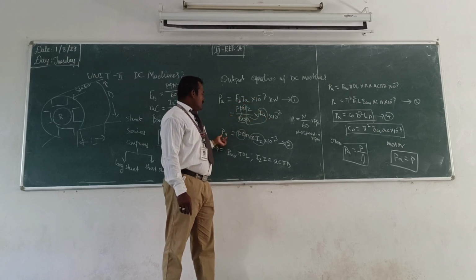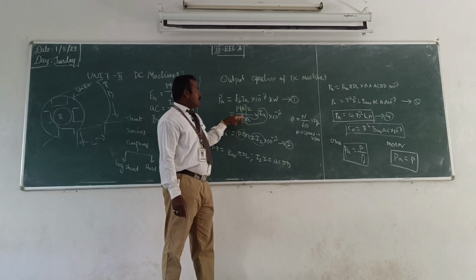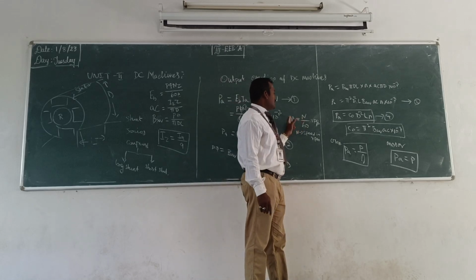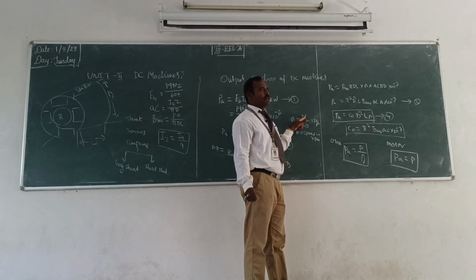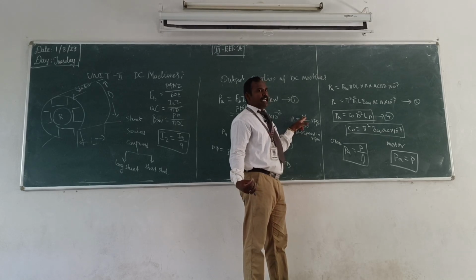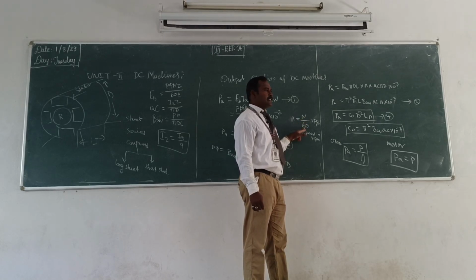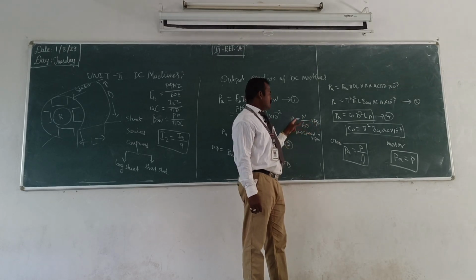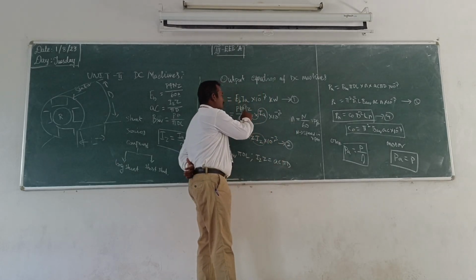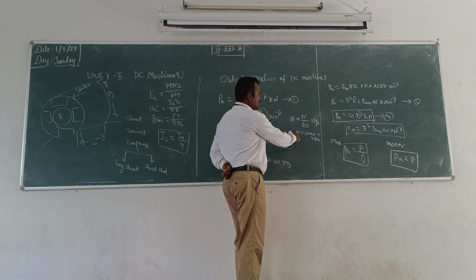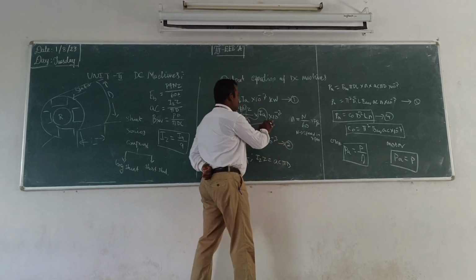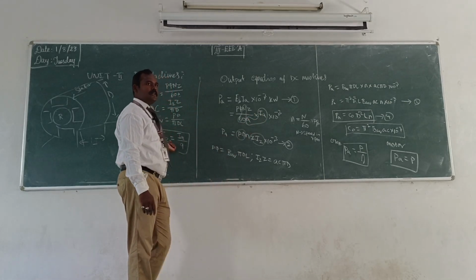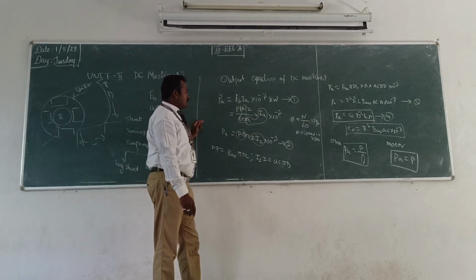Here the capital N is the speed in RPM, so while converting from minute to second you divide by 60, that is N divided by 60, the speed in RPS, which is the small n. Similarly, Ia divided by A we can replace with Iz.